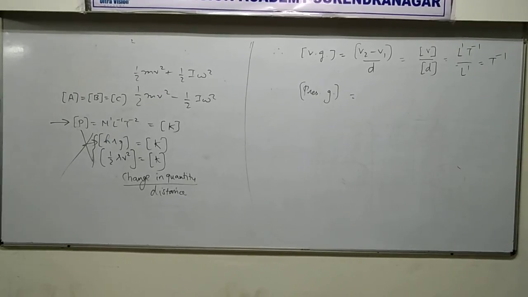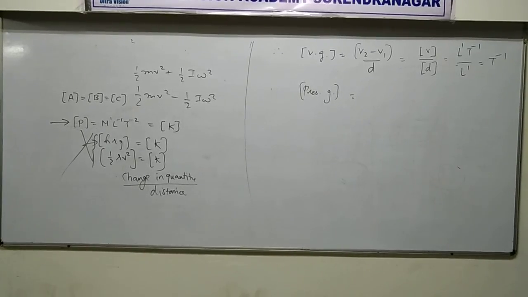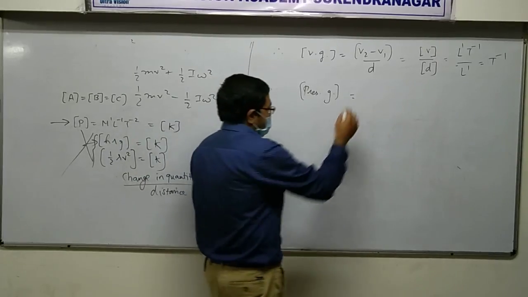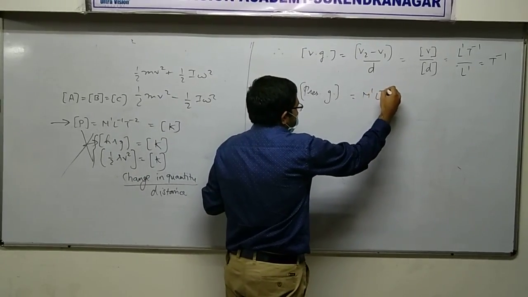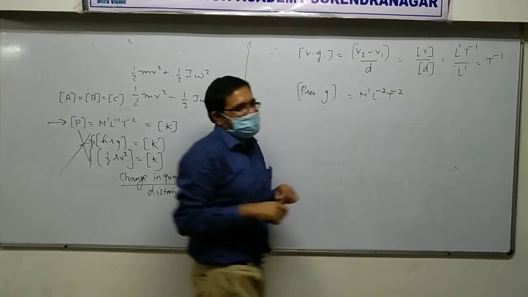Anyone finish? Pressure gradient dimensions? Yes, very good. What's your name? Anjali. So what's your answer for the dimensions of pressure gradient? M raised to 1, L raised to minus 1, T raised to minus 2. Who agrees with her?